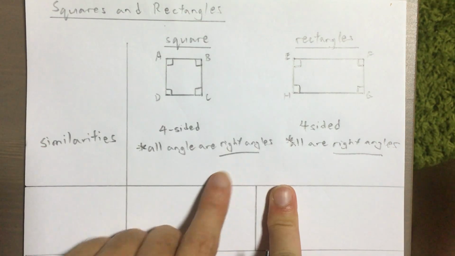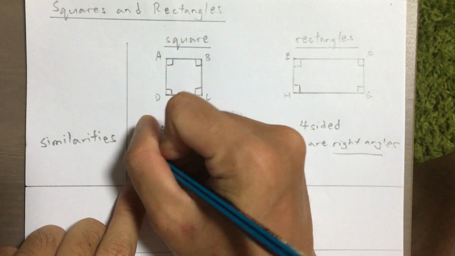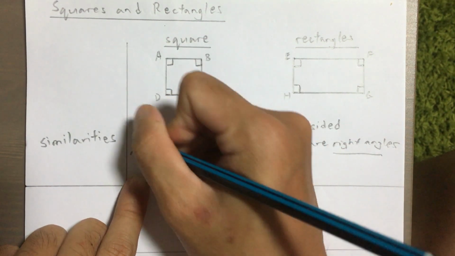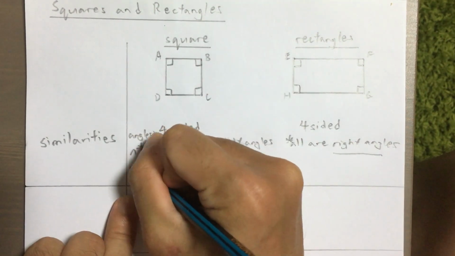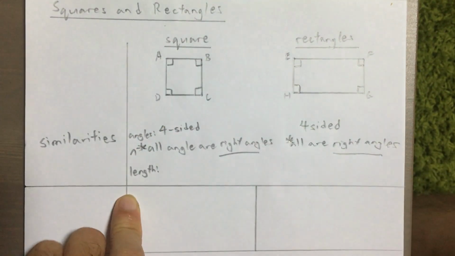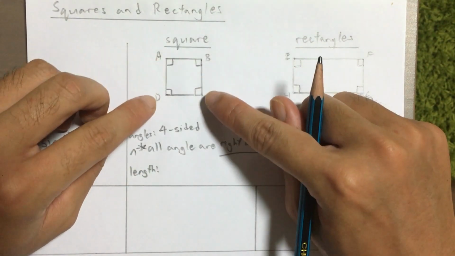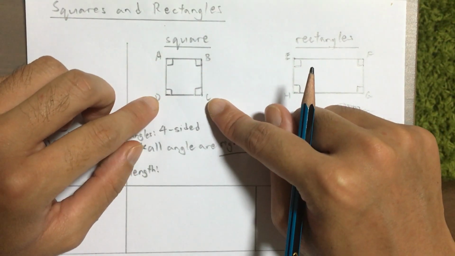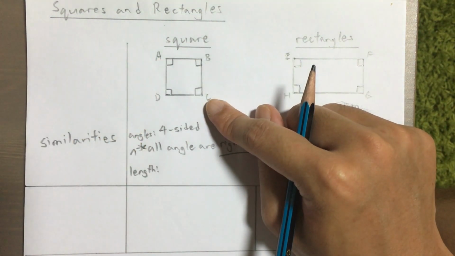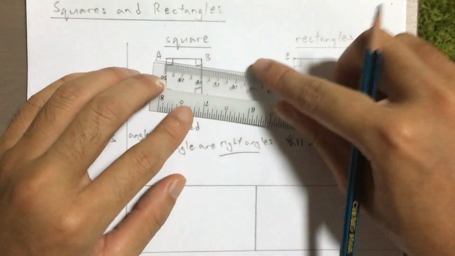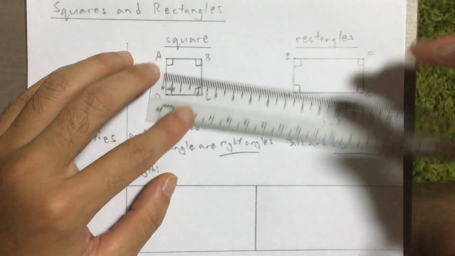And lastly, look at the length. The previous one is about the angles. I just put angles here to make sure. The other one is about length. Look at AB and look at DC. Do you think AB and DC have the same length? Let's measure and see. This AB is 2 cm.